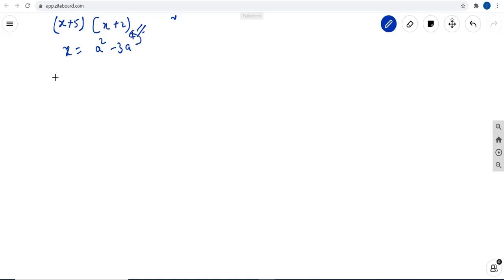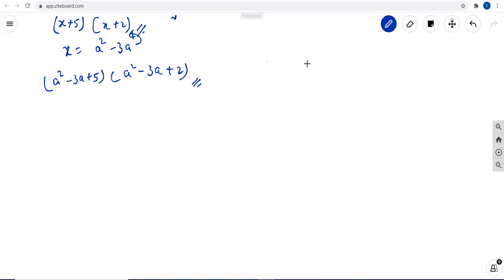So now I will substitute this back into this equation. So this becomes a square minus 3a plus 5, one term, and one more term is a square minus 3a plus 2. Okay, this first term we cannot simplify, but the second term we can simplify.